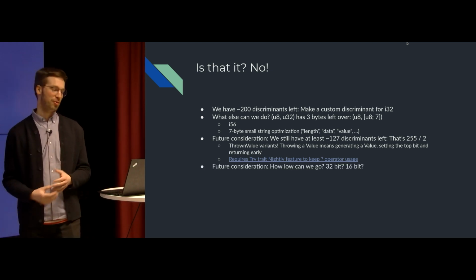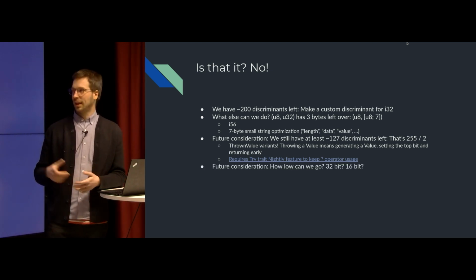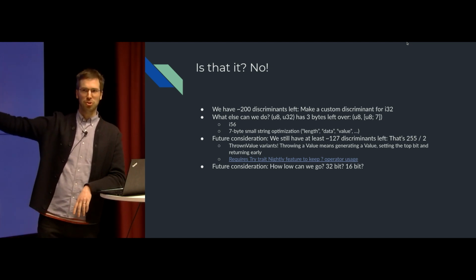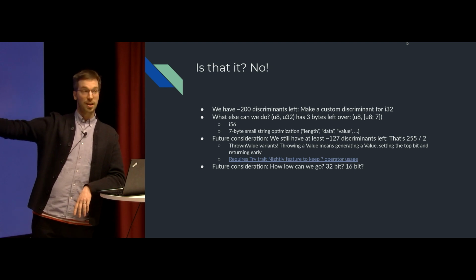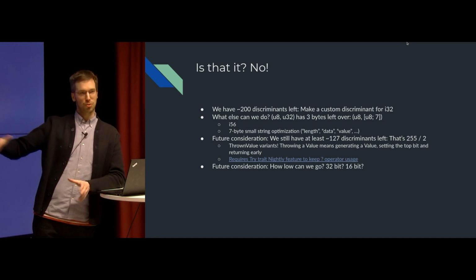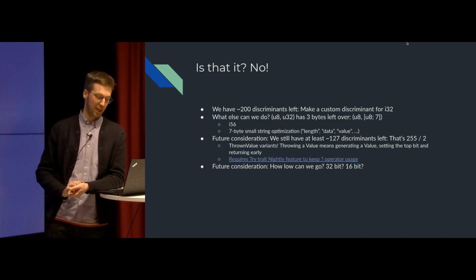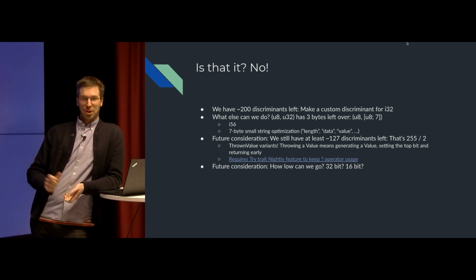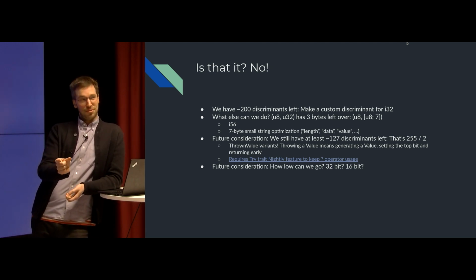A future consideration is also, can we go lower? We're currently at 64 bits, but could we go to 32 bits? That would mean that our indexes would be 24 bits. That's still probably enough values to run a decent JavaScript engine. Could we go down to 16 bits? So we would have 1 byte of the variant and 1 byte of data.